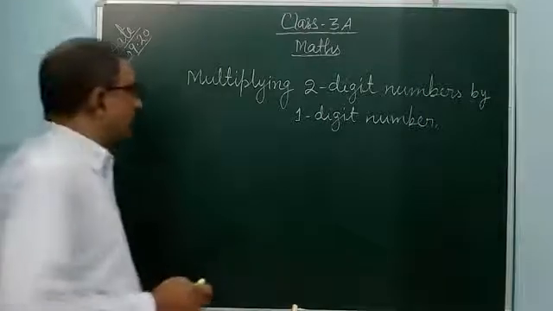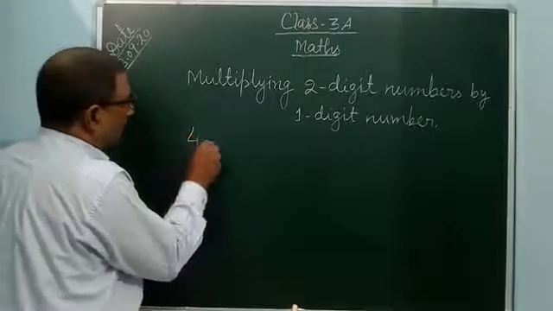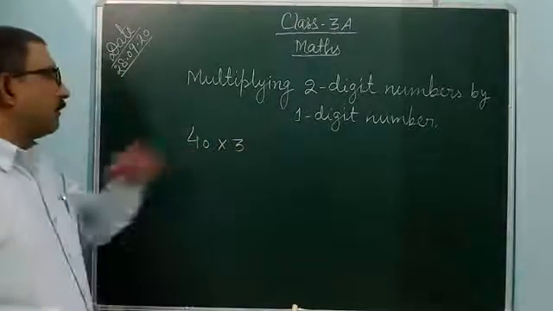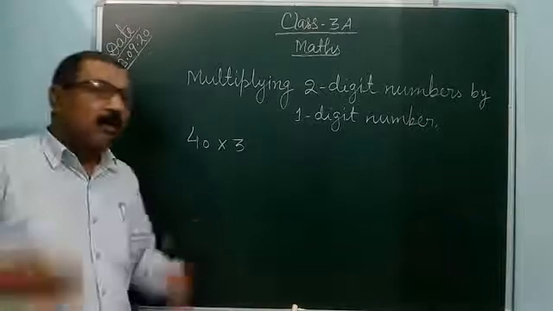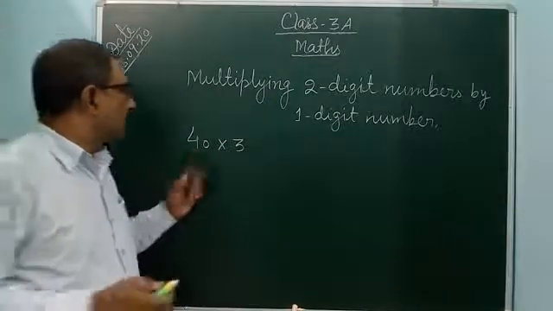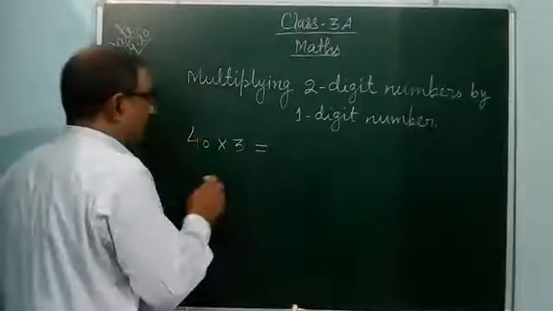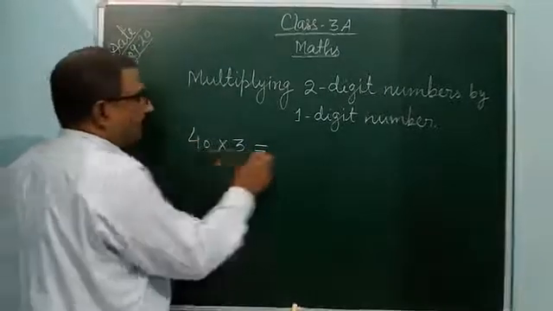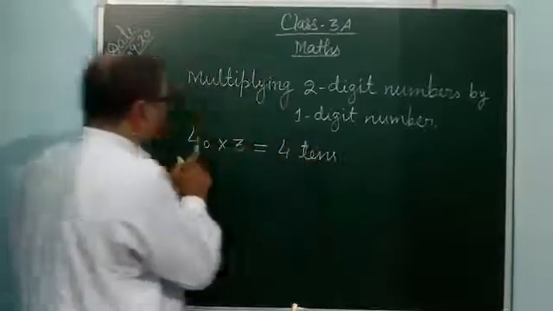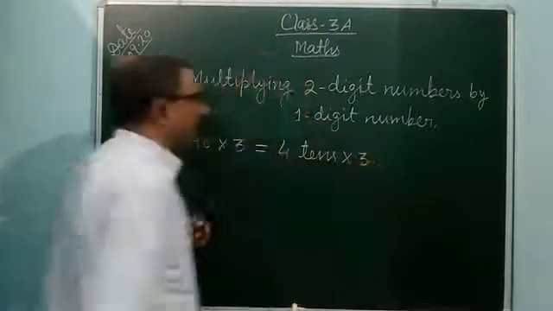From an example you can understand 40 multiplied by 3. How can you understand it? 40 multiplied by 3 means 4 tens multiplied by 3.